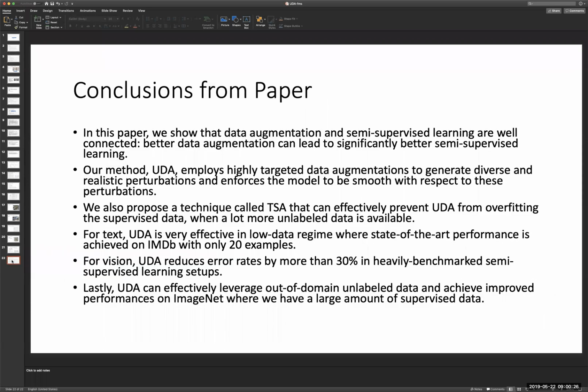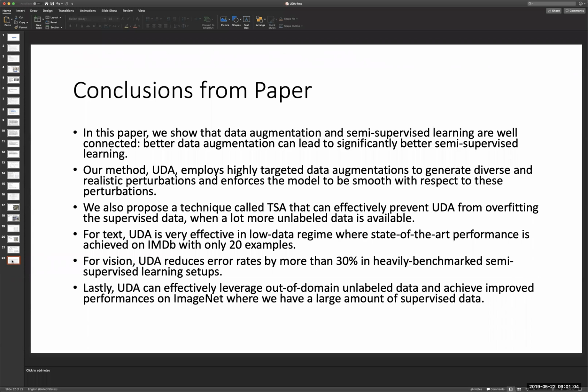So finally, I will go over the conclusions from the paper. I'm just going to essentially read their conclusions because I think they're very succinct. So I'll read it as if it's written by them. In this paper, we show that data augmentation and semi-supervised learning are well connected. Better data augmentation can lead to significantly better semi-supervised learning.